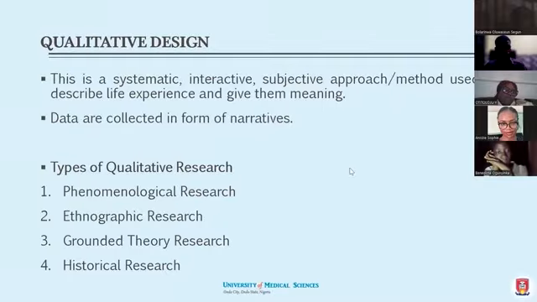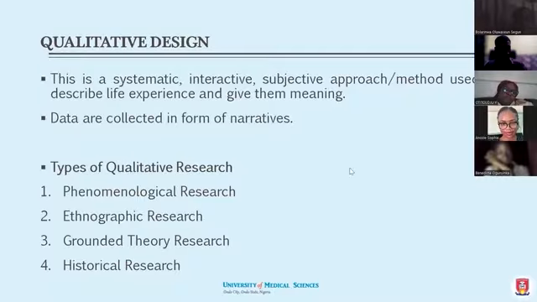It's not as if you are giving them a questionnaire as it's commonly done under quantitative study, but here you want to collect information from the participants themselves in forms of narratives, in forms of sharing their life experiences, and giving meaning to these experiences. So data are in forms of narrative, and you can have different types of qualitative research.